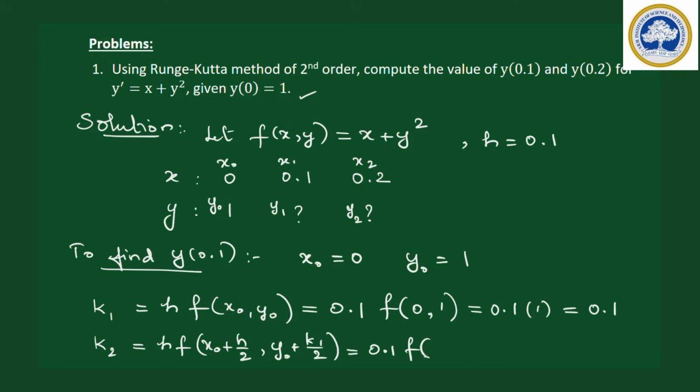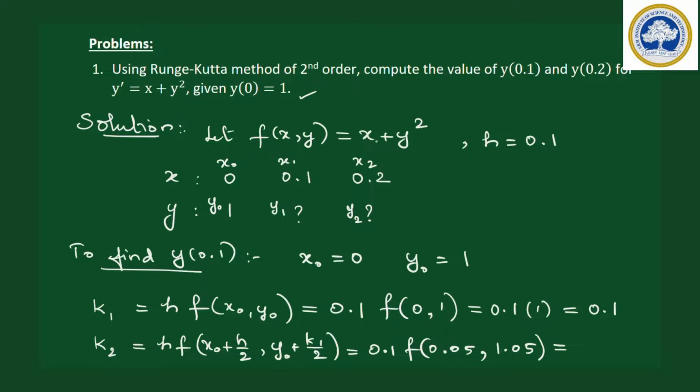After calculation we'll get 0.05, and then y naught plus k1 by 2: y naught is 1 and k1 is 0.1, divided by 2. After simplification, this gives you 1.05.